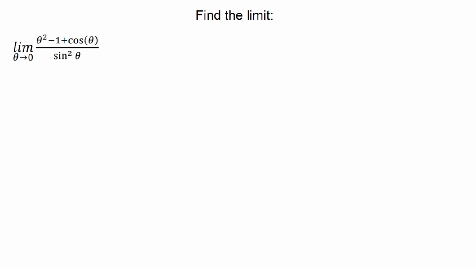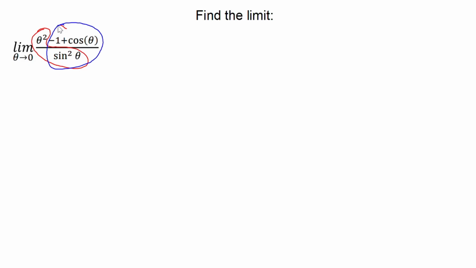It's just all being squared. So it might be nice to separate this into two different limits. One that's theta squared over sine squared, and the other one that is the rest of it, right? So we're going to do this as one limit, and we're going to do this as one limit.